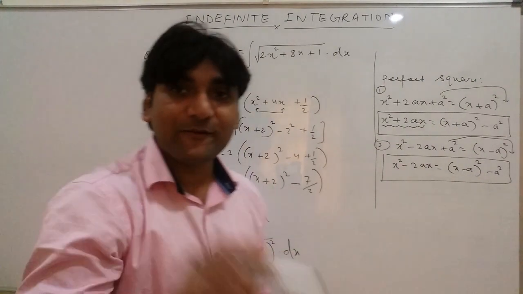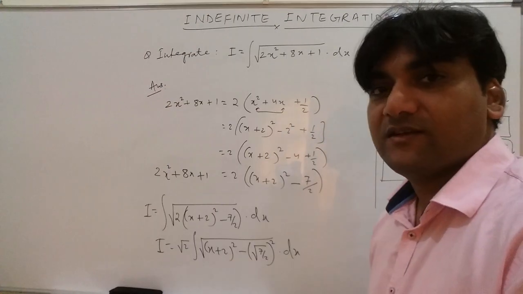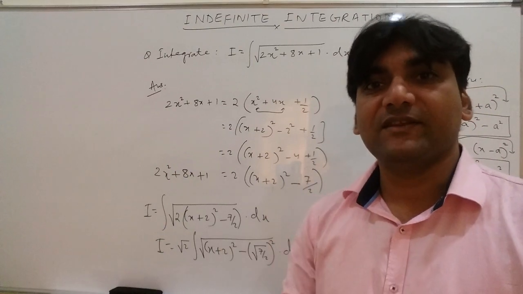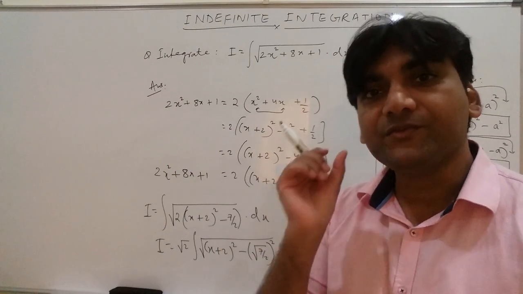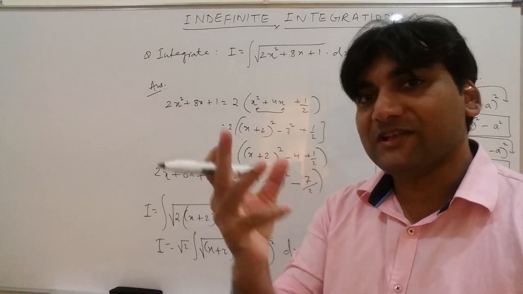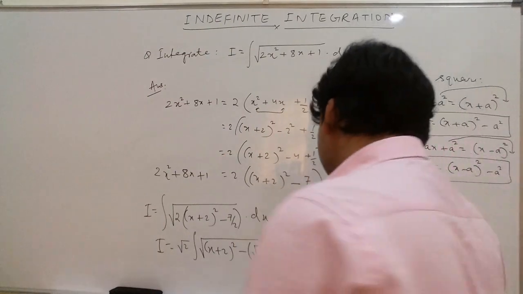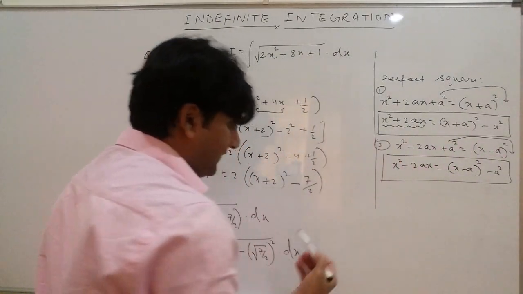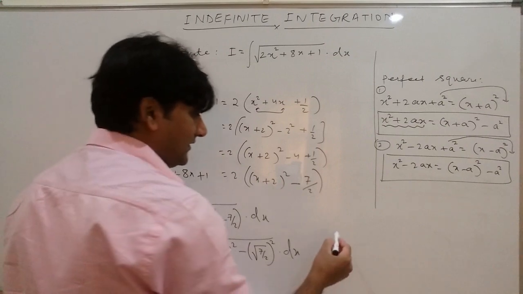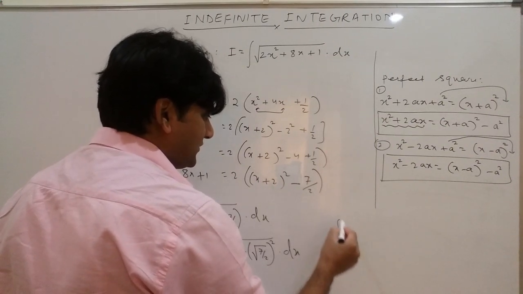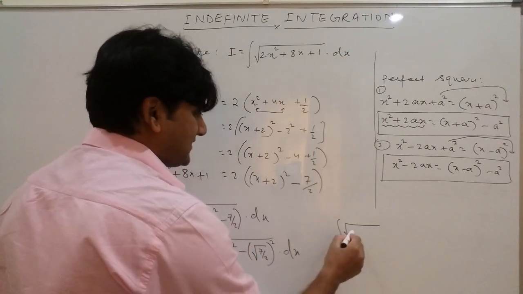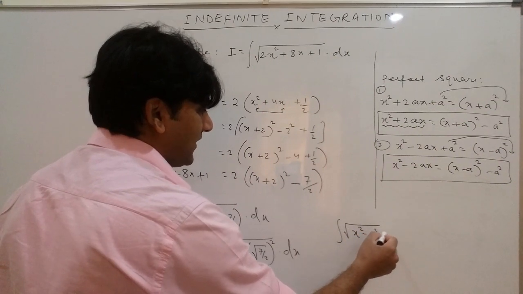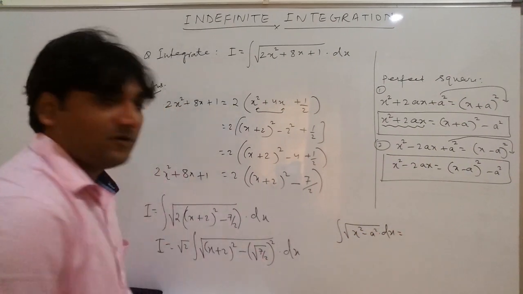Did you understand why? We match this with the 3 formulas which I had given to you. If you try to match, then what will you get? This will fit on this formula, root x square minus a square dx. What was the formula?